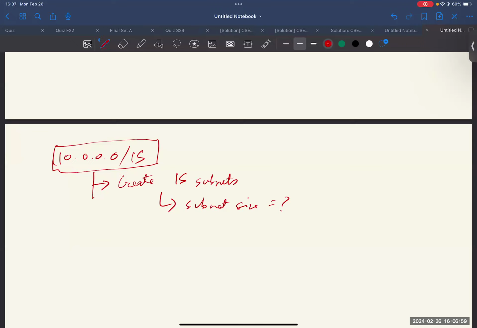What, 2 to the power 13? Yes, sir. আচ্ছা, একটা আনসার আসছে, লেটস সি if there's any other answers.